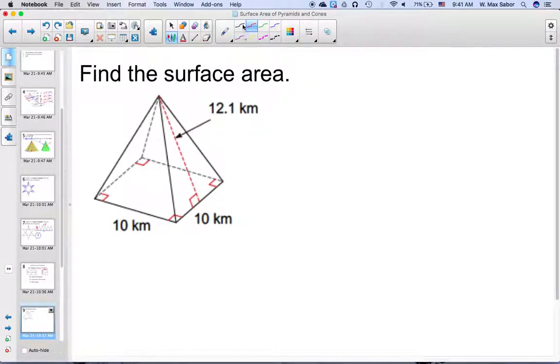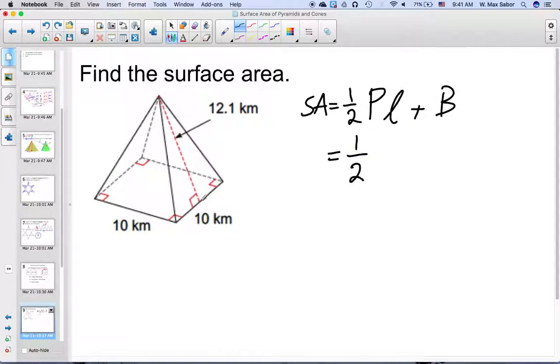So let's find the surface area. The surface area formula is 1/2 perimeter times the slant height plus the base. The perimeter is 10 plus 10 plus 10 plus 10, 40. The slant height is what we were given, 12.1.